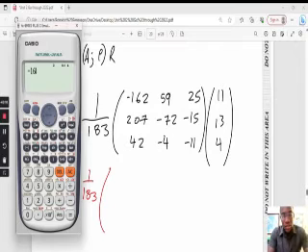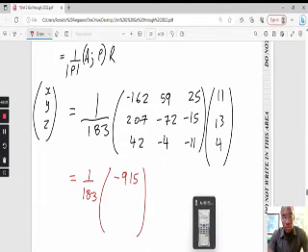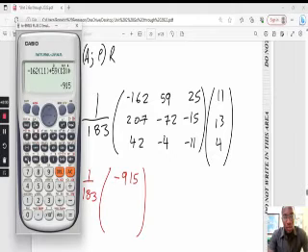Negative 162 times 11 plus 59 times 13 plus 4 times 25, and we get negative 915 here. Then now we'll go row and column again. Now you multiply 207 times 11 minus 72 times 13 and minus 15 times 4.